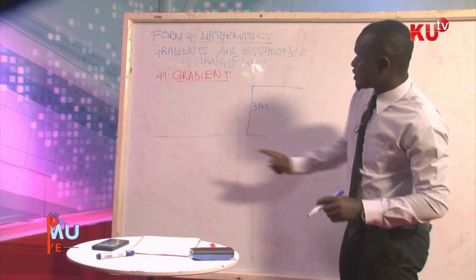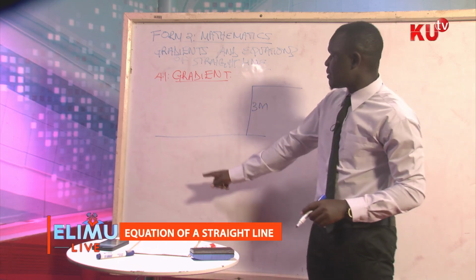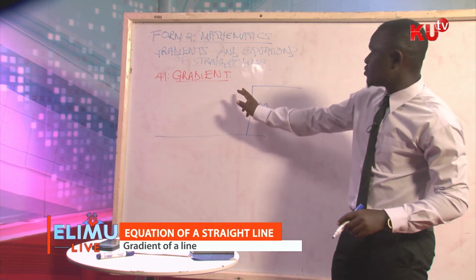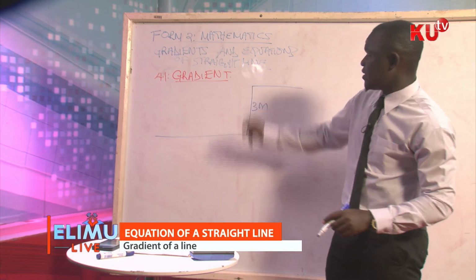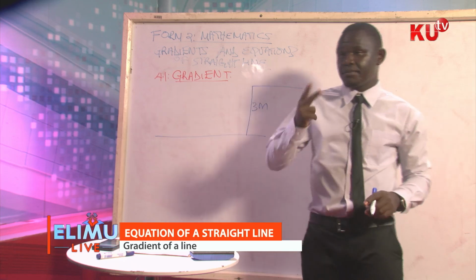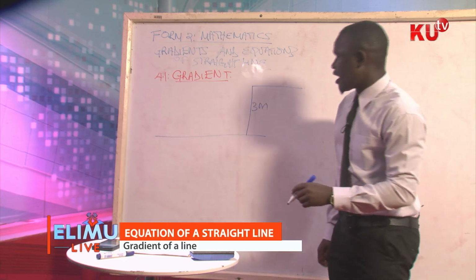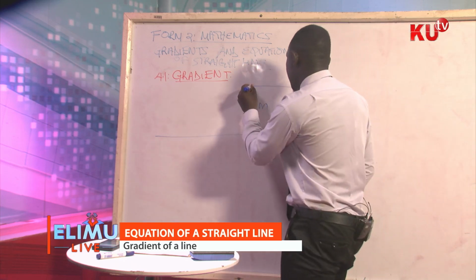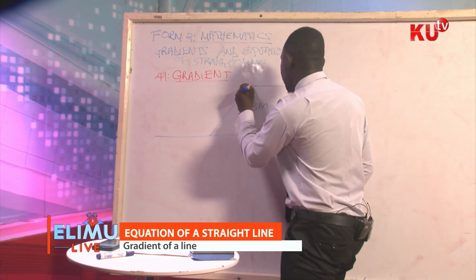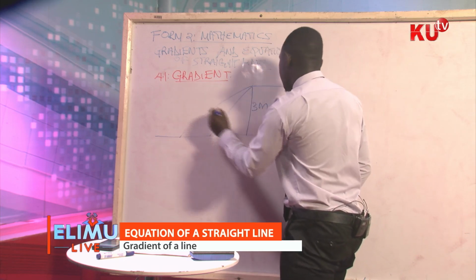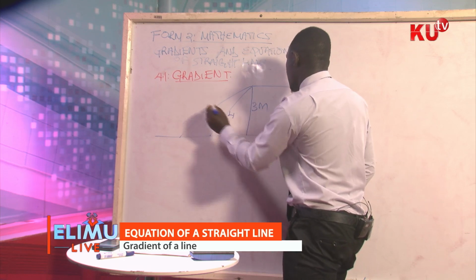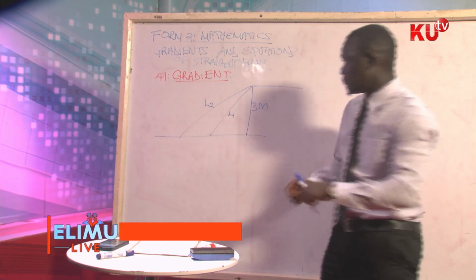Now, for someone to transport some materials from the ground to this height of 3 meters, maybe there are 2 ladders being used. I call them ladder 1 and ladder 2.